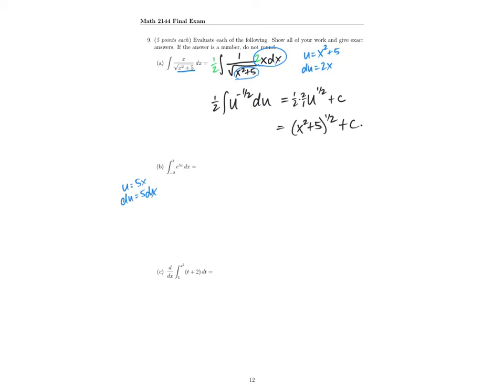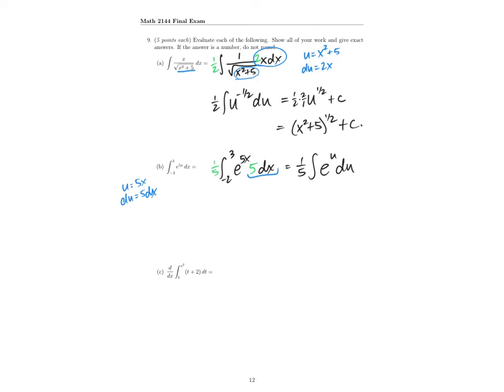And so again, what I want to do is multiply a 5 in here and a 1/5 out here. And so then I can see that's my du, and that's my e to the u. So I'm going to have 1/5 times the integral of e to the u du.